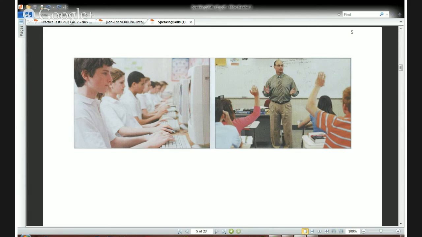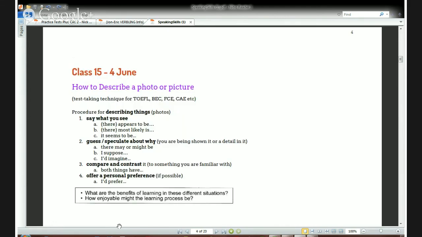When I was young, I had some computer classes as well, right? Because you're comparing it to the photo. Okay. And now you're going to compare what you think is going on in this photo to your experience by using both situations have or both situations are, okay? Or you can use another contrast or comparison connector. You don't have to use only that.